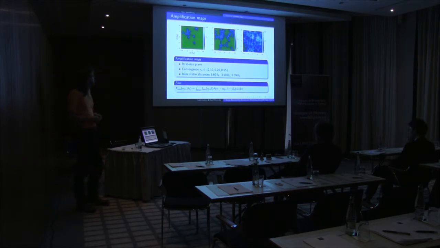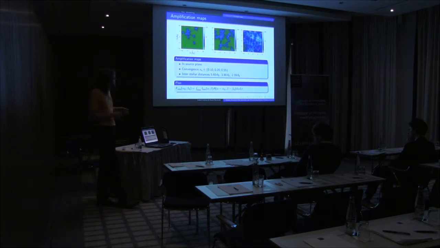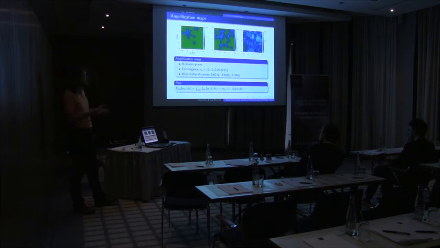In these three images, we are increasing the convergence of the stars in the galaxy. So we are increasing the surface density of the stars. In this simulation, the continuous matter in the galaxy and also the shear are neglected. But it's not a problem because both of them are only changing a little bit the shape of this caustic network, or changing the average amplification. So it's not the problem.